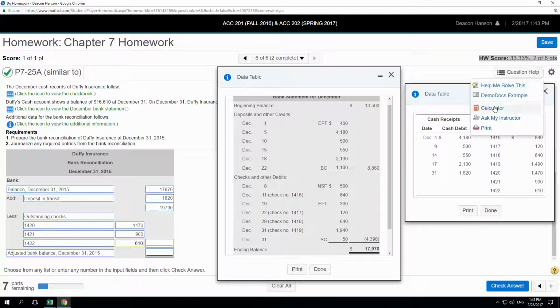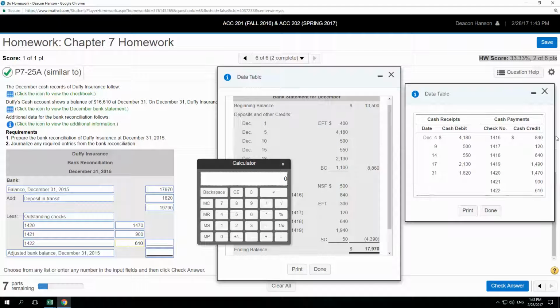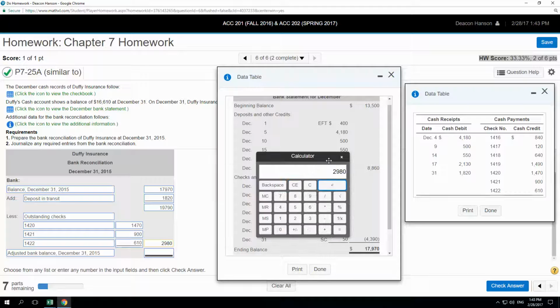Okay, and again, we can add them up. So just adding up those three numbers, 2,980. Because they did not clear the bank, the bank's balance is showing too much. It's showing 2,980 too much. Those checks should have been subtracted. So what I'm going to do is subtract it.